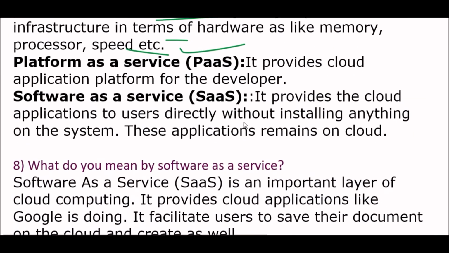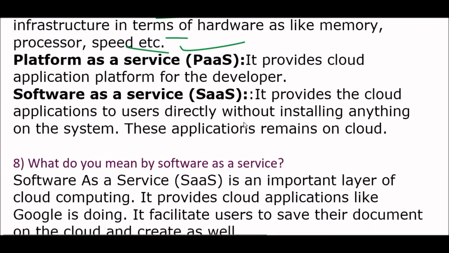Next, platform as a service, meaning PaaS. It provides a cloud application platform for the developer. Next, software as a service, SaaS. It provides the cloud applications to users directly without installing anything on the system. These applications remain on the cloud.